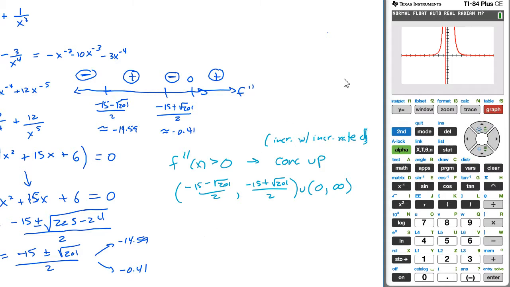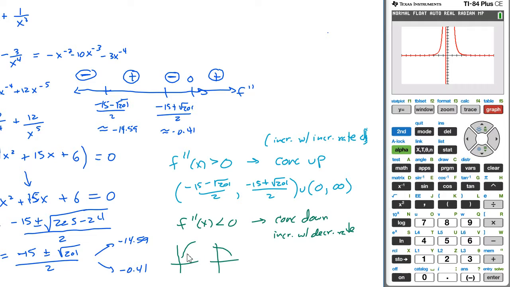And for concave downwards, we're concave down when the second derivative is less than 0. Concave down essentially is increasing with a decreasing rate of change. So that would look like this. You can be either increasing with a decreasing rate, or you can even be decreasing with a decreasing rate like this, for concave down.